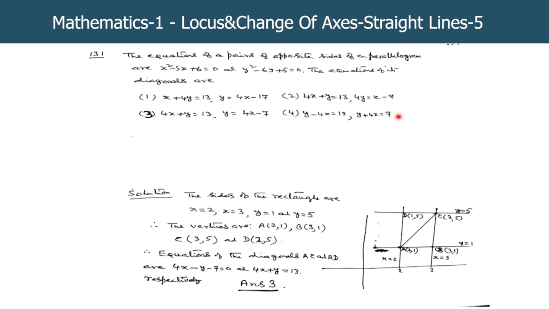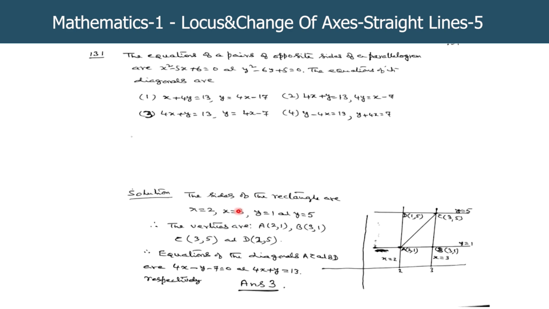And you know that x square minus 5x plus 6, if you factorize, that is x minus 2 into x minus 3. So one pair of parallel sides of the rectangle are x is equal to 2 and x is equal to 3. Both are vertical lines.